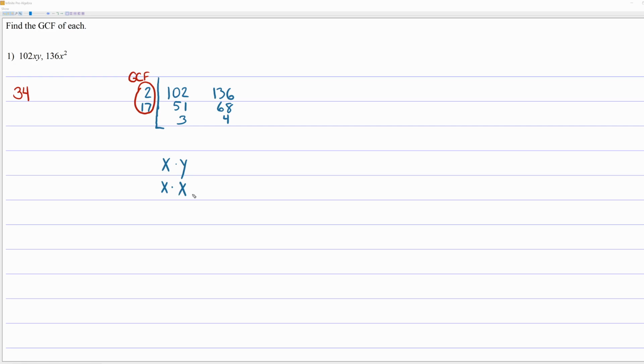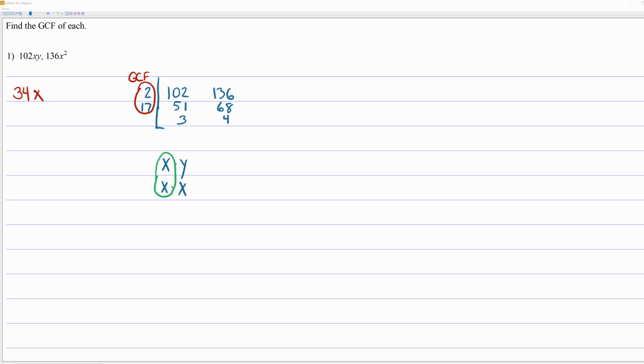And if you write the factors, at least at the beginning before you have practice, you can just circle any pairs that they have in common. So there's only a single x that they have in common. If you had a big list of variables here, you could just circle all of the pairs. So in this case, there's just that single pair, which means the greatest common factor of these two monomials is 34x. So that's how you find a GCF.